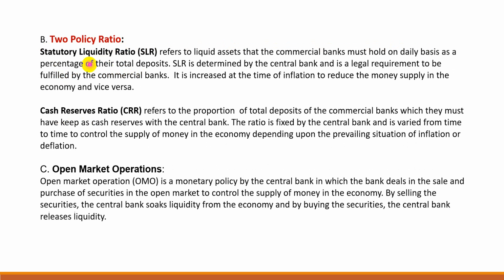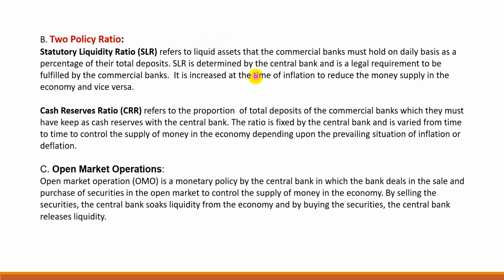Two policy ratios. Statutory liquidity ratio. It refers to the liquid assets that the commercial banks must hold on a daily basis as a percentage of their total deposit. So it is the minimum amount that every commercial bank is required to keep in the form of liquid assets to meet the demand of the depositors.